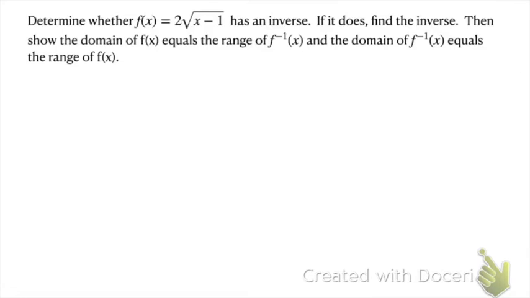And so we start our process. We have f of x equals 2 square root of x minus 1. Change f of x to y. From here, we are going to do our switch, so interchange the x and the y's, and now we solve for y. To solve for y, square both sides.